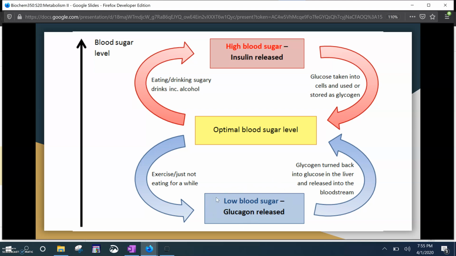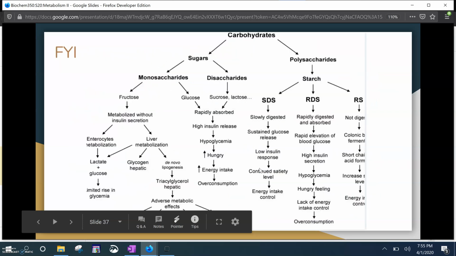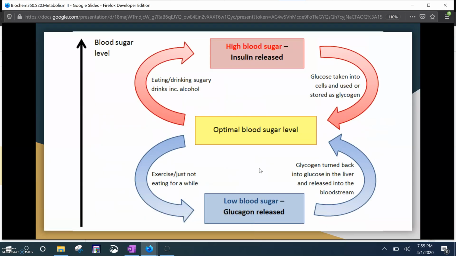If you've exercised or not eaten for a while, glucagon is released, and that takes glycogen out of your system and returns it into glucose and puts it into the bloodstream, because you want to maintain this blood level of sugar at an optimal level. It's a very tight range. So glucagon and insulin work on opposite sides of keeping the blood glucose levels the same.